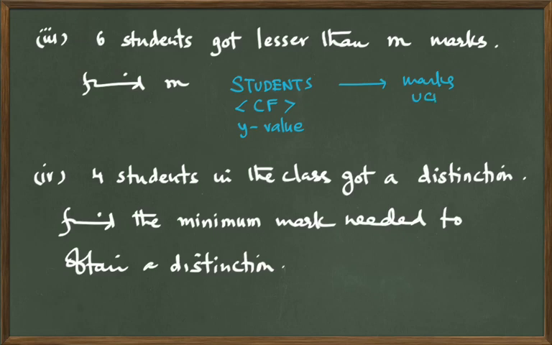Marks are the upper class boundary and marks are the X values. So we are looking for the X values. Over here, again, the keyword is lesser. There are 6 students who got lesser than M marks.